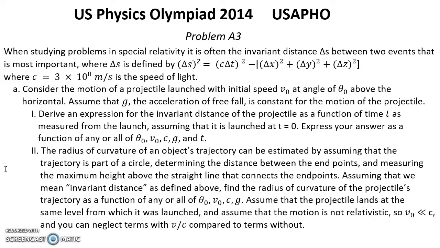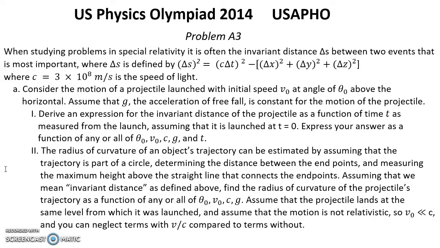Question 2. The radius of curvature of an object's trajectory can be estimated by assuming that the trajectory is part of a circle, determining the distance between the end points and measuring the maximum height above the straight line that connects the endpoints.